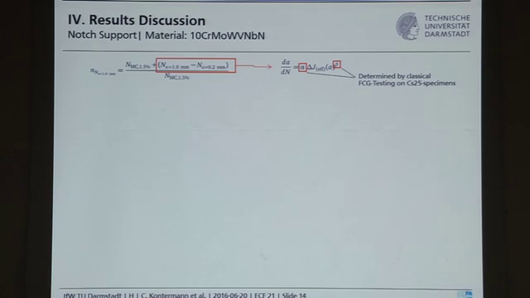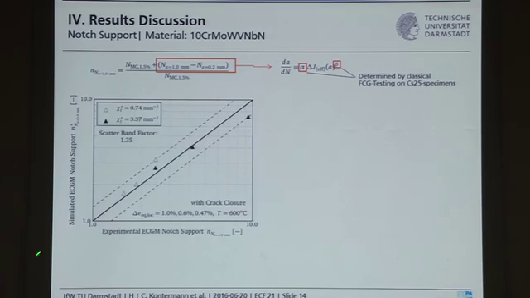And we use a simple Paris law, and we fit this Paris law with other experiments. So not directly with our notch tests, but with standard fatigue crack growth testing on CS25 specimens of the same material. And here you see the simulated notch support over the experimental notch support determined by means of a potential drop measurement system.